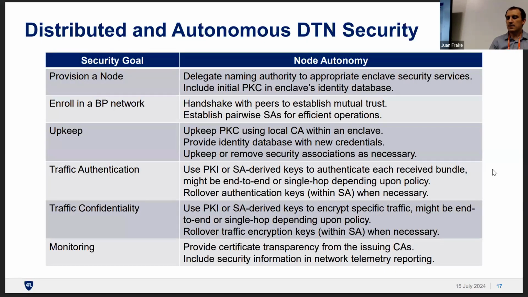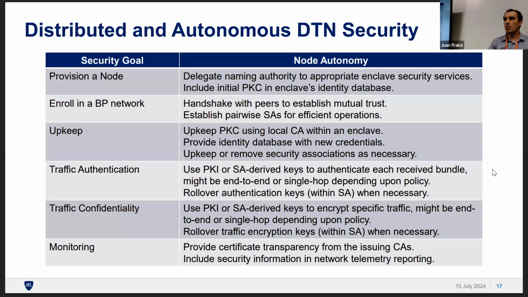So the autonomy that I'm talking about here is separated between a higher level goal and a lower level set of mechanisms to achieve that goal. In this case, one goal is provisioning a node, and the autonomy is to allow that node to use shared protocols to figure out how to establish itself in a network.